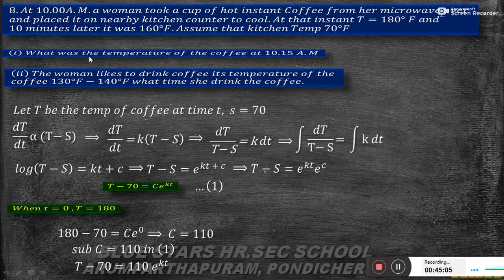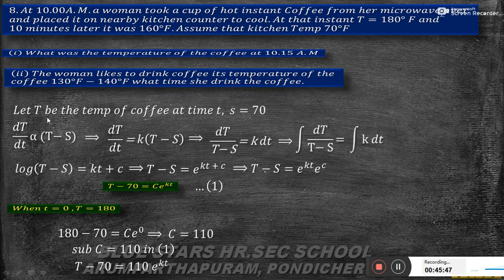Subdivision 1 asks about the temperature of the coffee, because at 10 o'clock they prepared the coffee, but after 15 minutes, at 10:15, what is the temperature? Subdivision 2: the woman likes to drink coffee at 130 to 140 degrees Fahrenheit. So at what time should she have drunk the coffee?